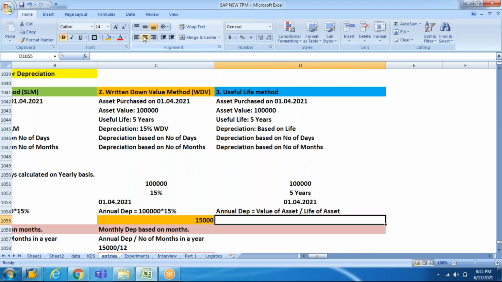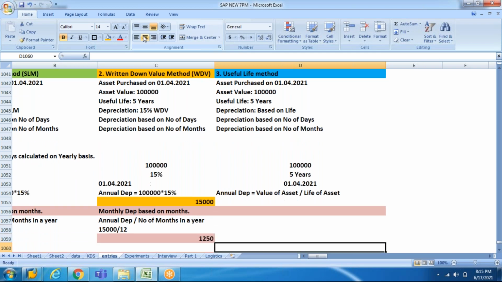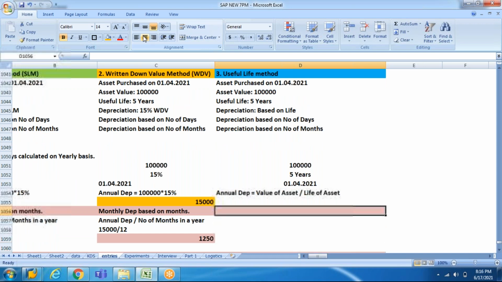What is the value of asset? 1 lakh. What is the life of asset? 5 years. Correct? So in short, 5 years.